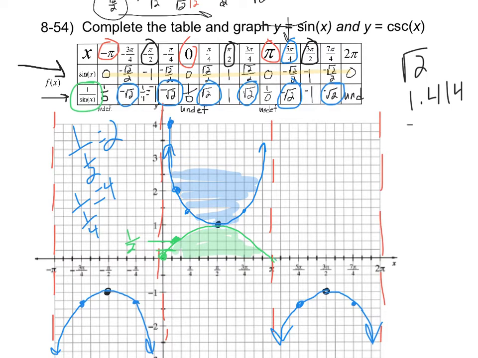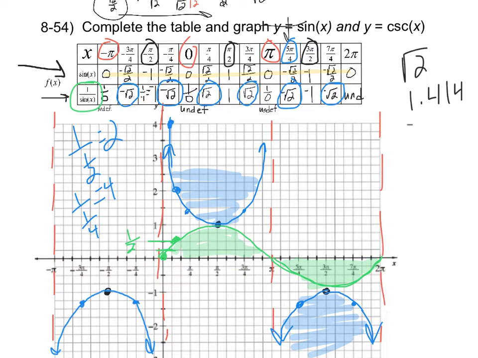Now, if the sine function itself has a bucket, let's fill that in with green, you'll create an upside down bucket when you do 1 over the sine.